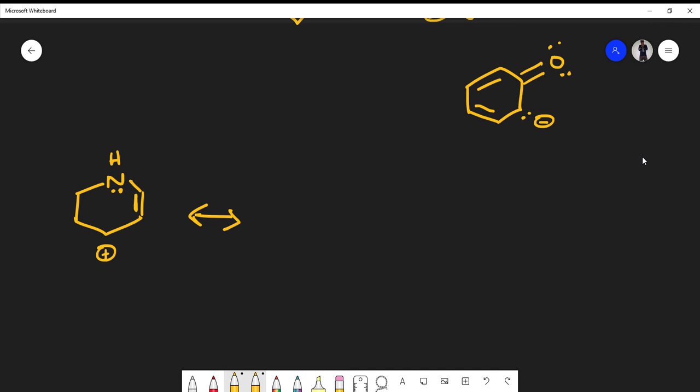Well, the first thing I'm going to do is to start from the electron source. In this case, I'm going to start from the lone pairs. Again, lone pairs are usually electron sources.